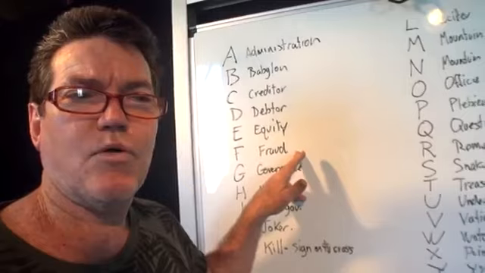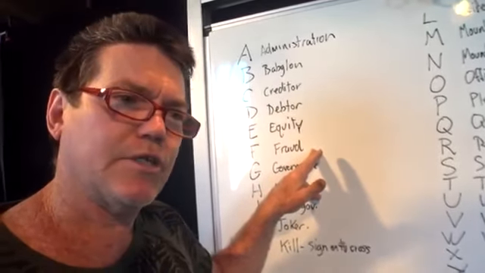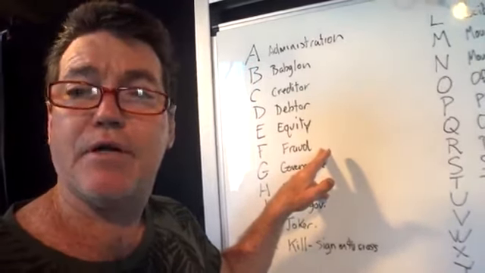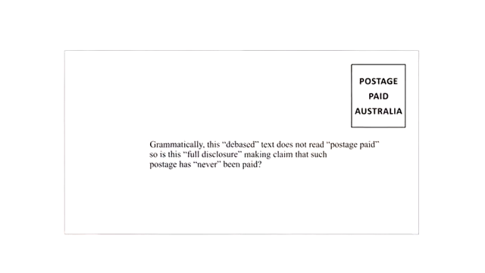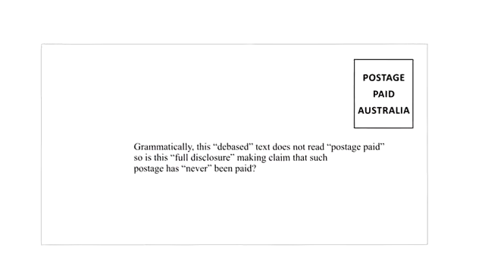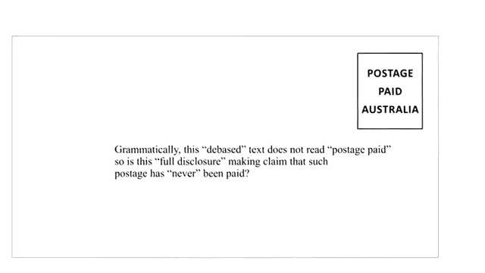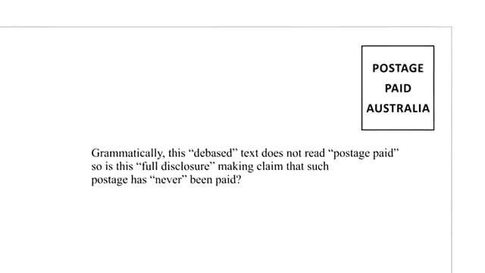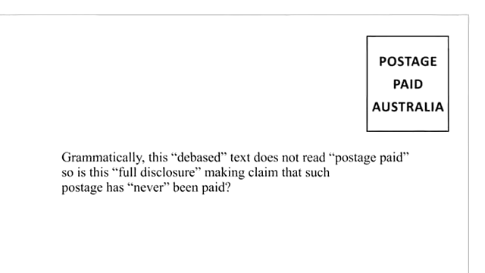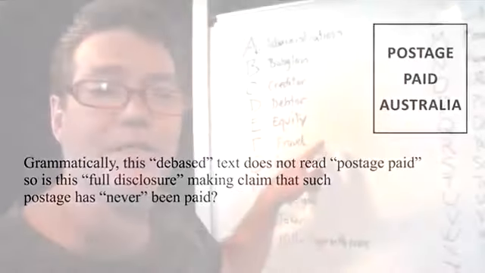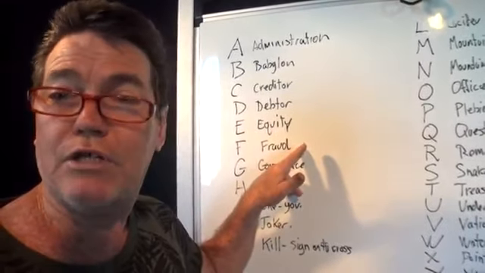Or is the D-based language, where it says on mail postage paid, because it's written in D-based Latin, telling you that the postage has not been paid? See, if you know your grammar, then you can see that everything is in full disclosure.